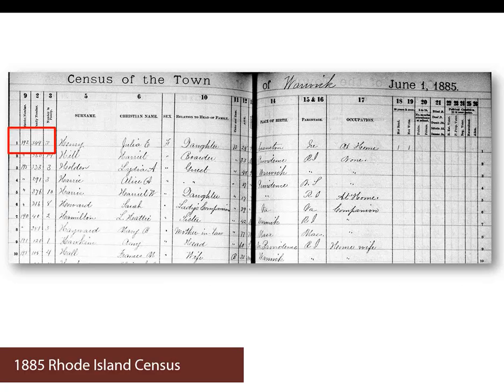For instance, if we look at this 1885 Rhode Island census in the town of Warwick, taken June 1st, 1885 or thereabouts. And as we look at the very top person, we see a Julia E. Henry. She's 28 years old. She is listed as a daughter. A daughter to who? She's just sort of floating out there in the middle of nowhere.